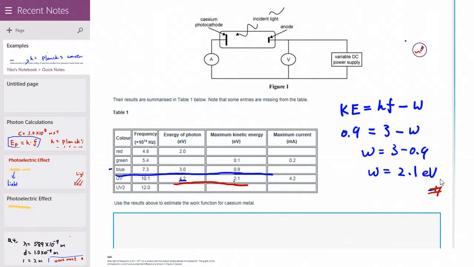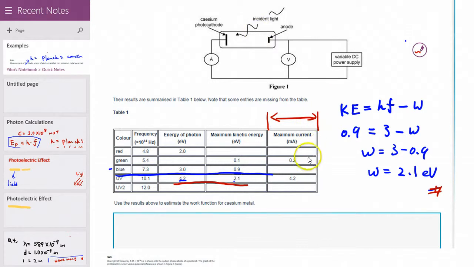The important lesson here is the current. Current is the indication of the number of electrons. The number of electrons knocked off is related to the number of photons, and the number of photons of the incident light is basically the intensity, the brightness of the light.